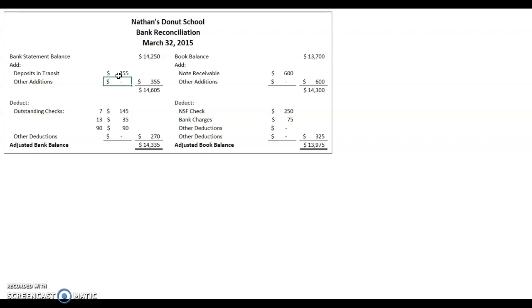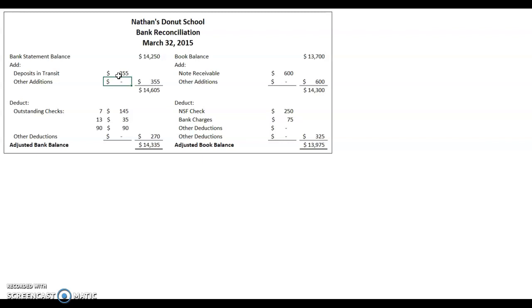The bank erroneously reduced the company's bank account balance by $370 for check 9, which was written by the company for $730. Now the problem with this is a bank error. So if we go back and look, we wrote the check for $730.